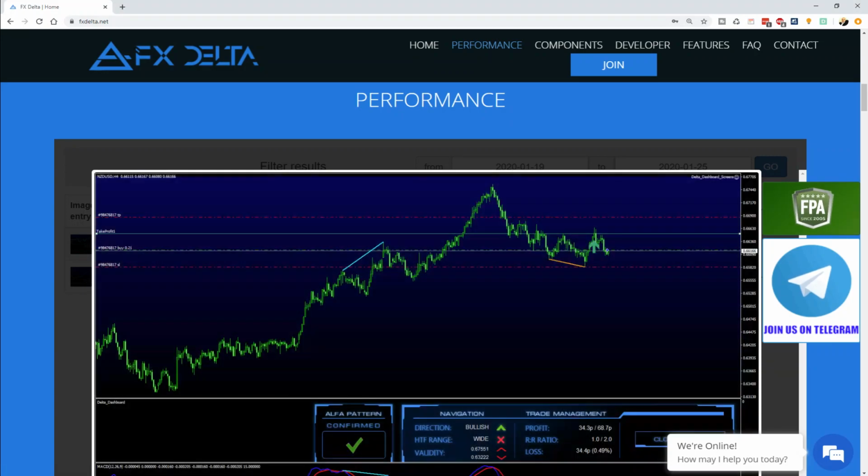Now what I missed to say here is that the higher time frame range in that case was wide, and this is what the software told us. So once we got the breakout, it was a good idea. Of course this is not mandatory, but that's why we have this filter, to tell you that this range here is too big based on the algorithm, which means it's a good practice to use the pending orders.